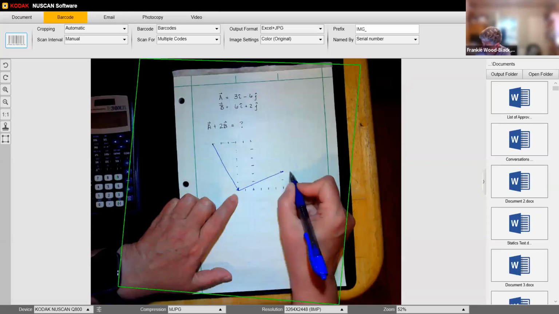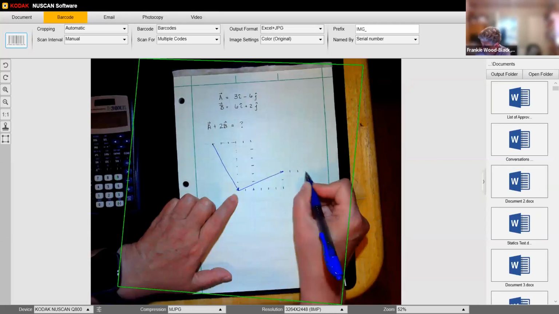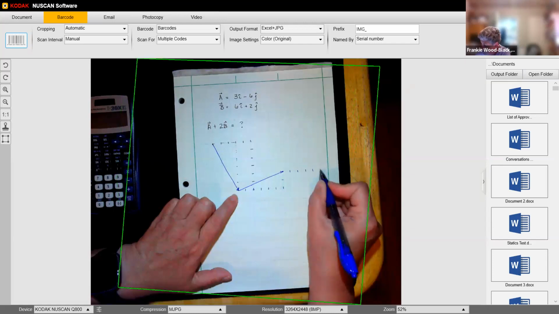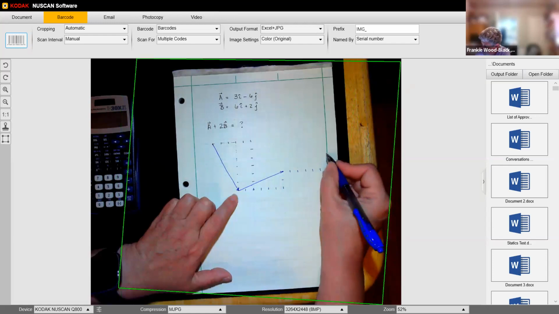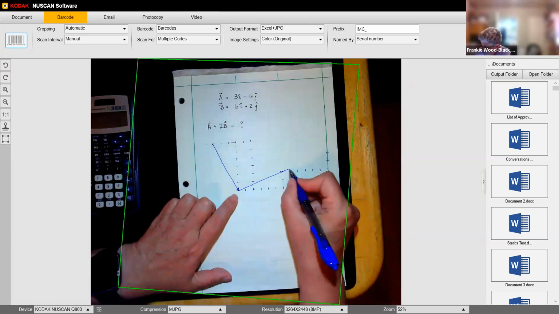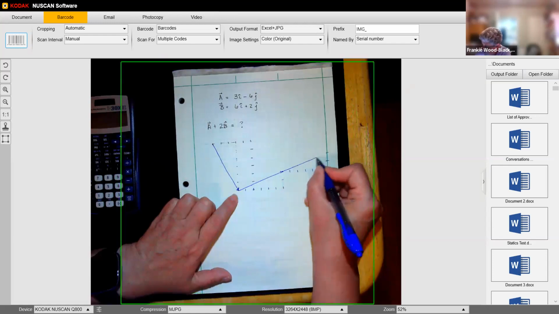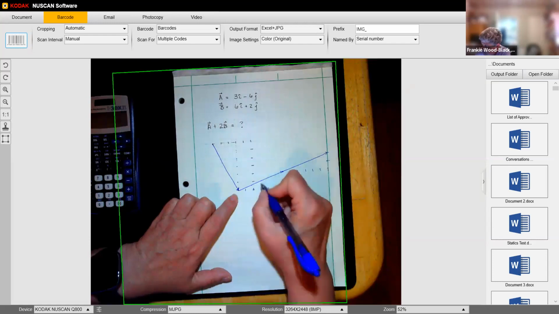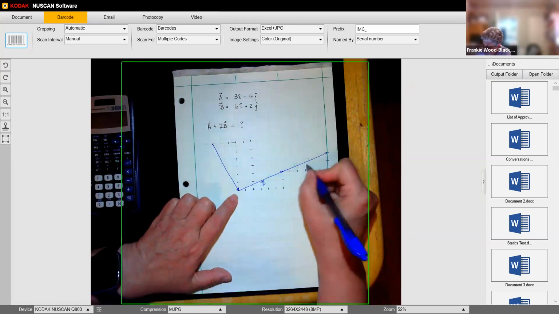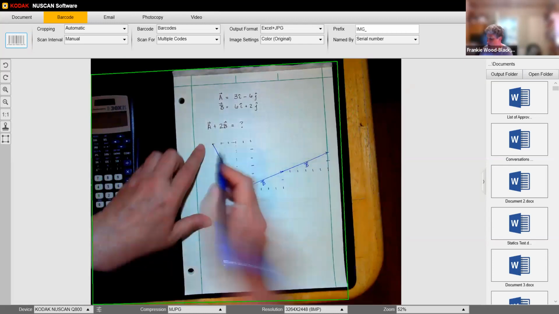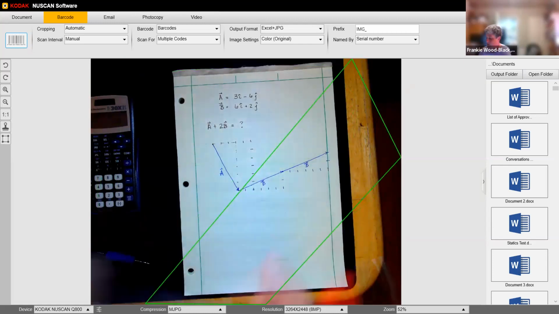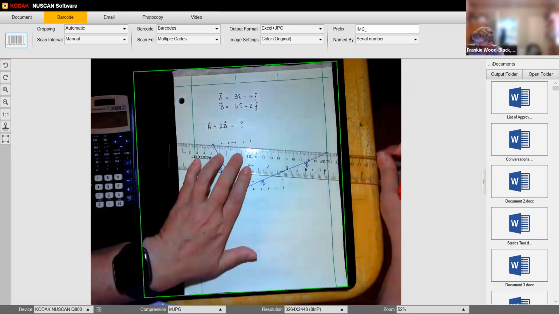And I'm going to do the same thing. 1, 2, 3, 4, 5, 6, up 2. 1, 2. So this one is B, this one is B, and this one is A. The resultant vector is going to look something like this. This will be my resultant vector.